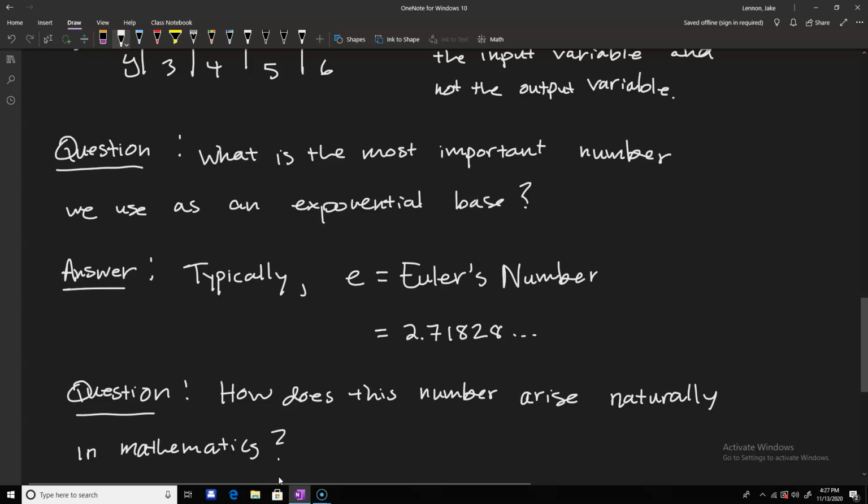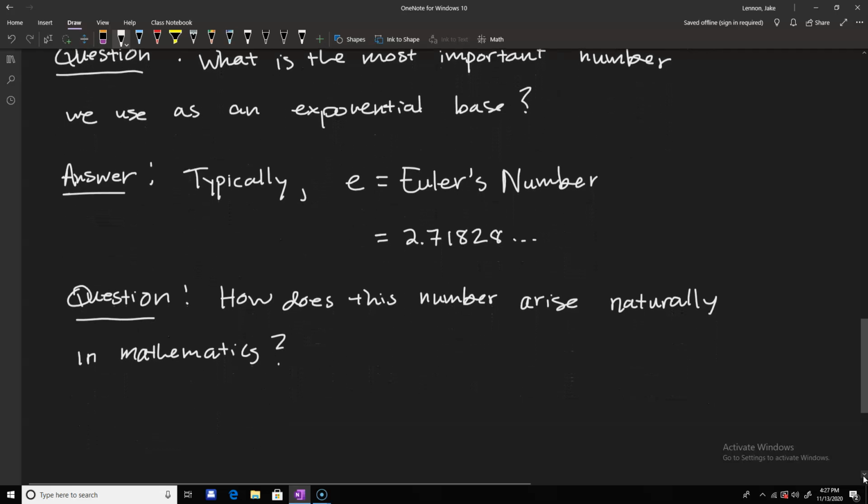It's actually pretty simple. The answer, again, is we look at a particular expression.